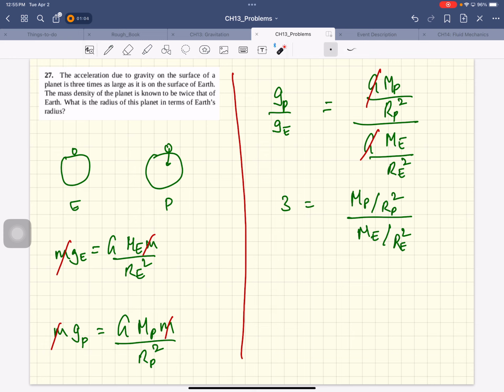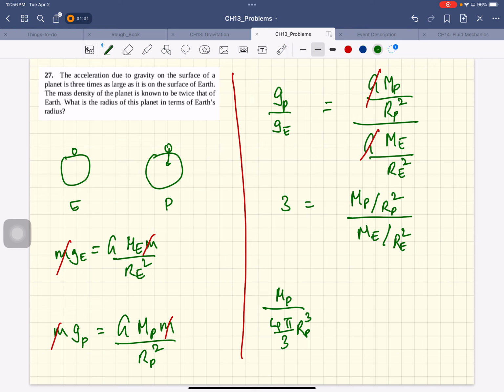they also tell you the mass density of the planet is known to be twice that of Earth. All right, so what they also tell you is mass of the planet divided by 4 pi by 3. Okay, this is the mass of the planet divided by its volume.